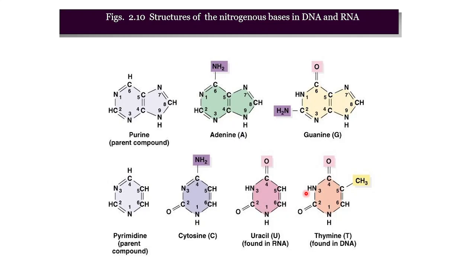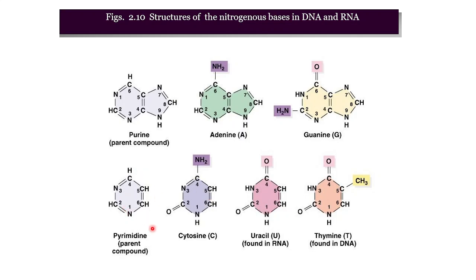Okay, now basically, how do you actually remember it? That is very, very important. So you know purine. If you see the number of alphabets in purine and pyrimidine, purine has fewer alphabets, so it means that it has a bigger structure, whereas pyrimidine has more alphabets, so it means it's a more simple structure.